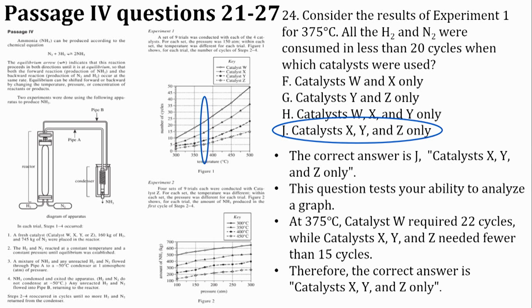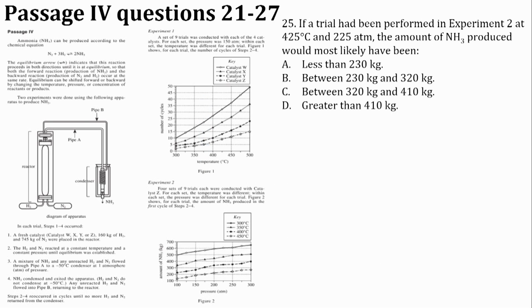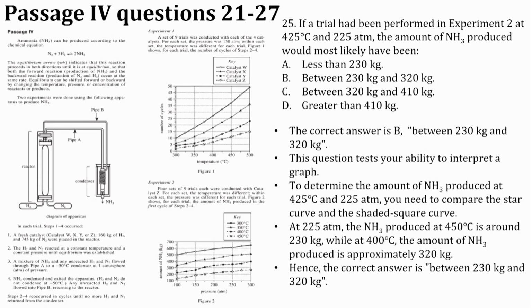Here is question 25. This says, if a trial had been performed in experiment 2 at 425 degrees Celsius and 225 atmospheric pressure, the amount of NH3 produced would most likely have been. The correct answer here is between 230 and 320. This question tests your ability to interpret a graph.